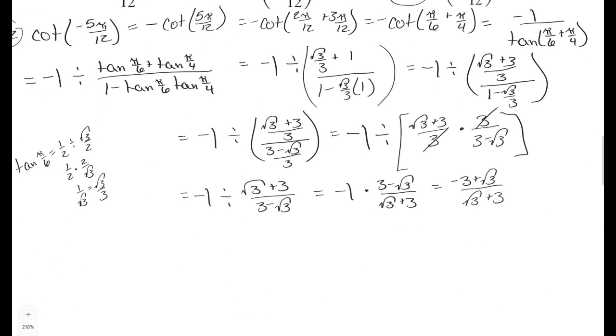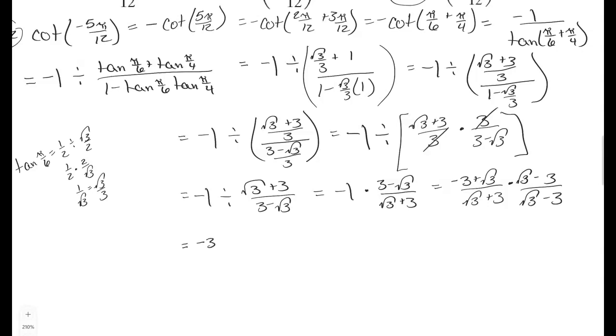And then now we're going to have to rationalize, multiplying by the conjugate there, square root of 3 minus 3, excuse me. So we're going to FOIL.